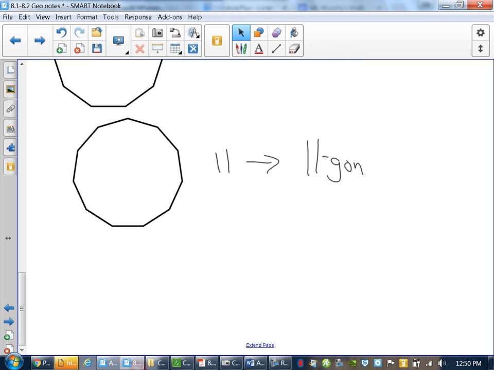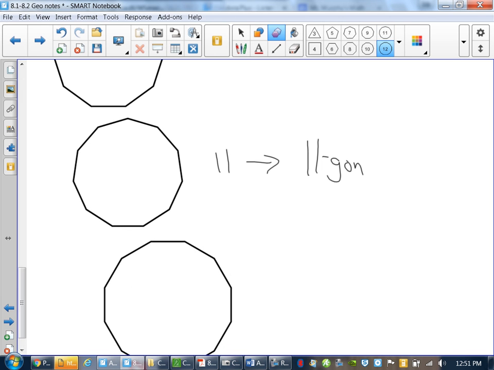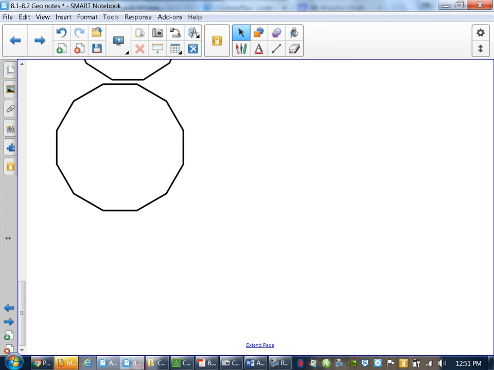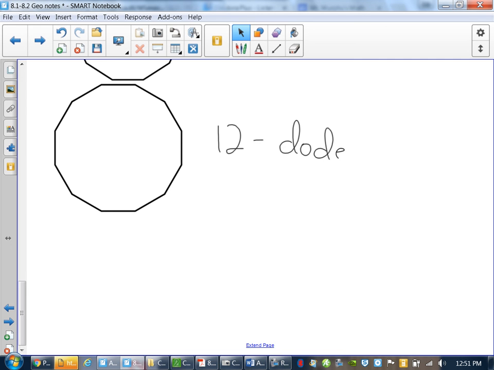The last one that you will be held accountable for knowing is the 12-sided one, which is not called a 12gon. It's not a clock-gon. It's called a dodecagon.